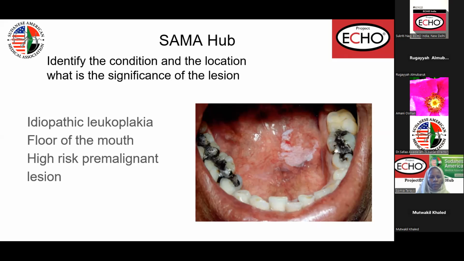It occurs spontaneously, and the significance of idiopathic leukoplakia is that it has a very high risk of malignant transformation, even higher than tobacco dipping, because with tobacco dipping, we know the immediate reason or stimulus and you can stop it and hope for improvement of the condition. But when we have idiopathic leukoplakia, we don't have the reason for it. Even if we remove it, it might come back. So it has a higher risk of malignant transformation.